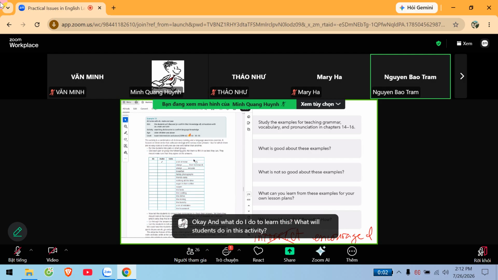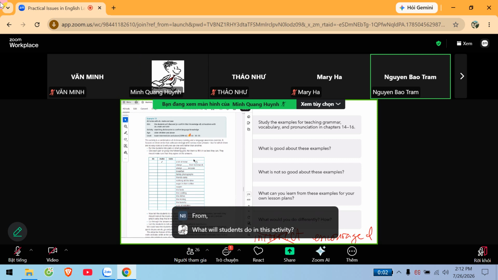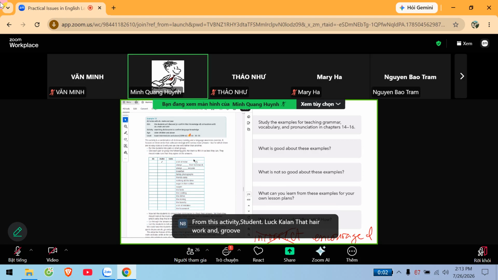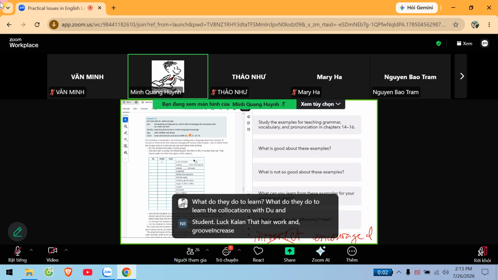From this activity, a student can learn that pair work and group work increase. What do they do to learn the collocations with do and make and take in this activity? What do you do to them, and what do they do? Can you describe the example? What happens in the example?